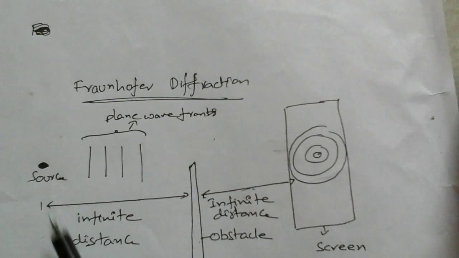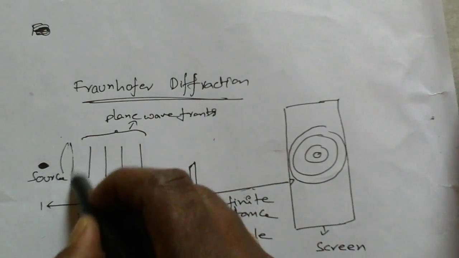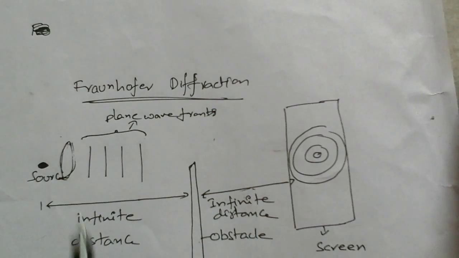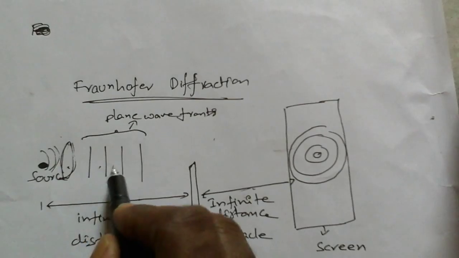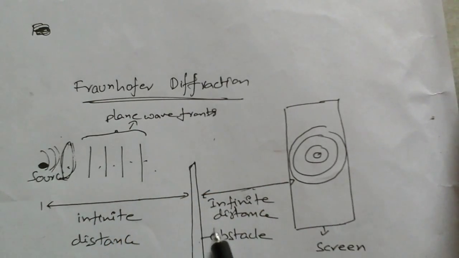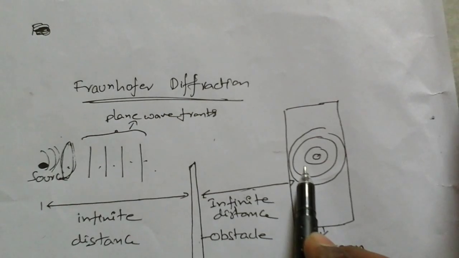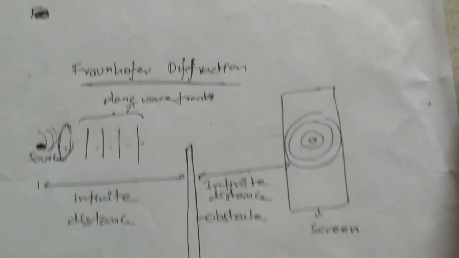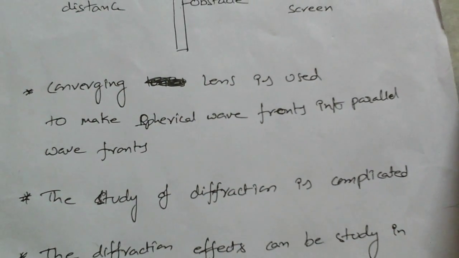Means, if the source is not at infinity distance, then we have to keep a converging lens here. The spherical wavefronts fall on the lens and become parallel wavefronts that fall on the obstacle. Then we get the diffraction pattern on the screen.